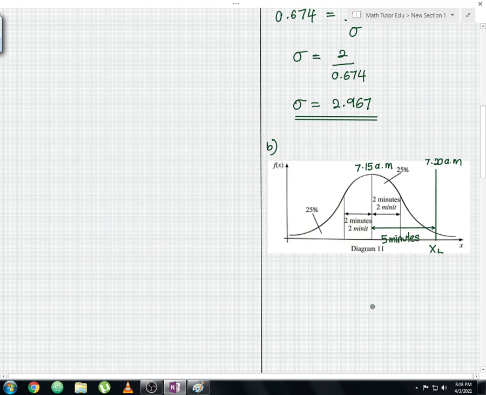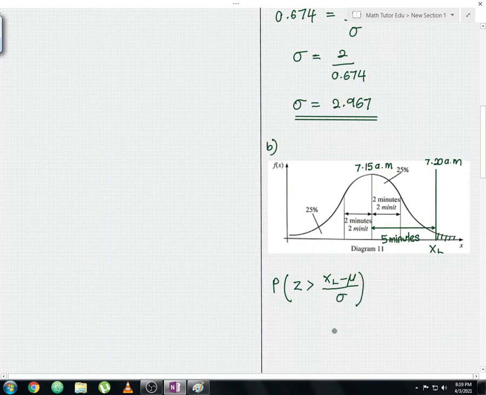Please follow along with me on how I'm solving this question. Similar to the working I've done in the question part A, from here, probability Z. We are interested in this particular region, guys. So from here, your Z will be more than XL minus mu, then you divide by sigma.